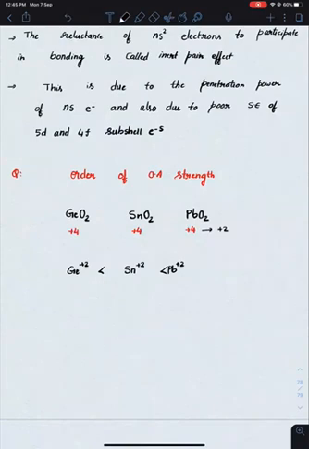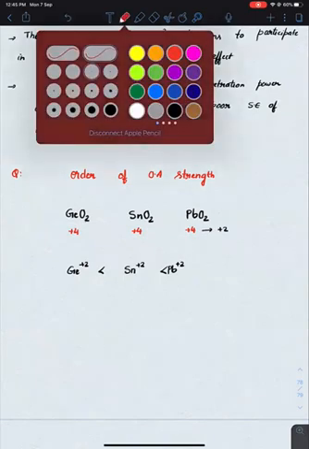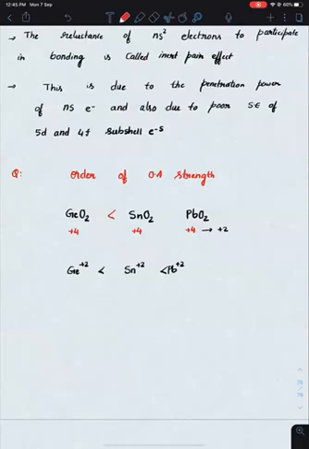So if I'm putting electrons close to these oxides, PbO2 will be having the highest tendency to accept those two electrons because its +2 oxidation state is more stable when compared to Sn's +2 and Ge's +2. Down the group, the stability of lower oxidation state increases. So what will happen to the oxidizing agent strength? It also increases. GeO2 is less than SnO2, which is less than PbO2. I hope this is clear.